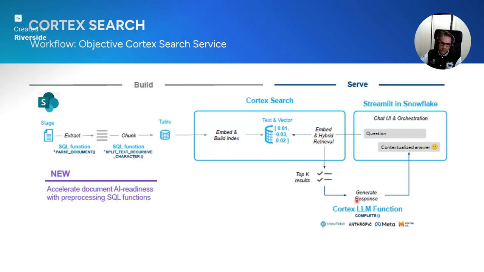Okay, and once the different results are provided with a scoring setup that we can personalize, the results use an LLM function in order to provide a contextualized answer to our question.